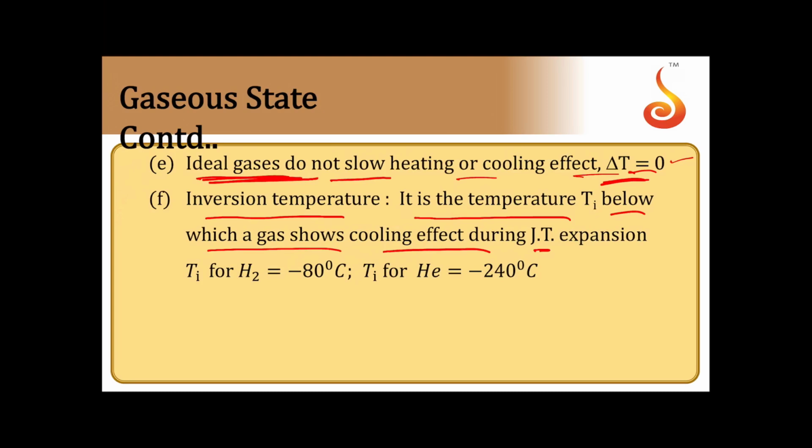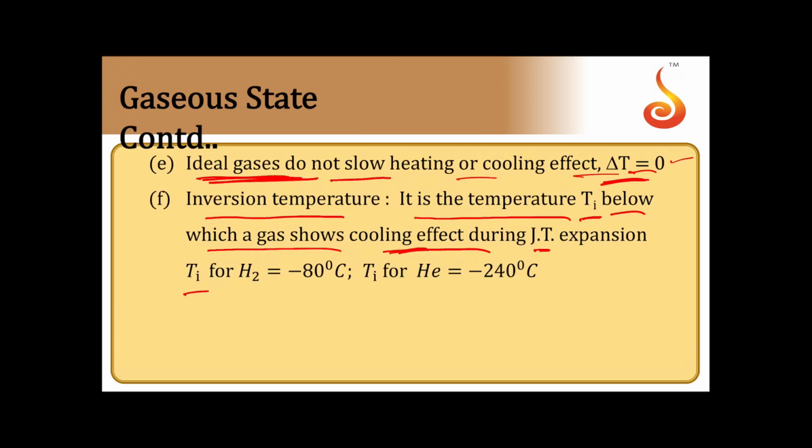Therefore, the gases must be cooled to a certain temperature so that they start experiencing the force of attractions. The temperature to which they must be cooled to experience force of attraction itself is called inversion temperature. So below the inversion temperature, the gas molecules start experiencing the Joule-Thomson effect, that is, the cooling effect. Above that, cooling effect cannot be seen.